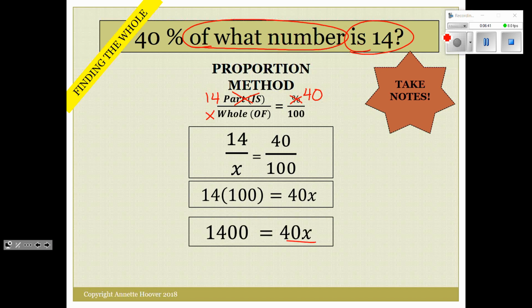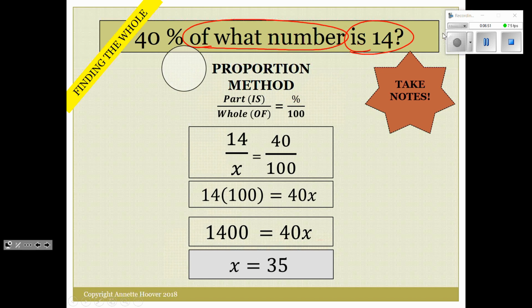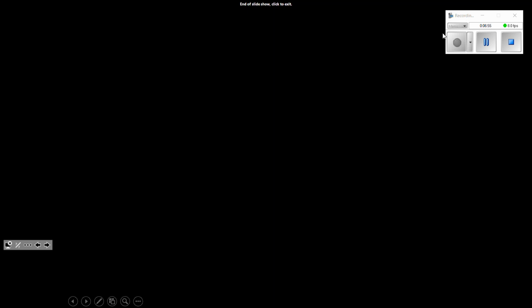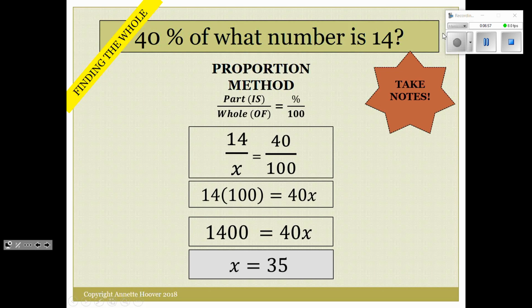Now we divide both sides by 40, and we would find that it is 35. Is over of, percent over 100. So as you're reading, you just plug them into the right place of those two ratios. And hopefully that will help you solve percents using the proportion method.